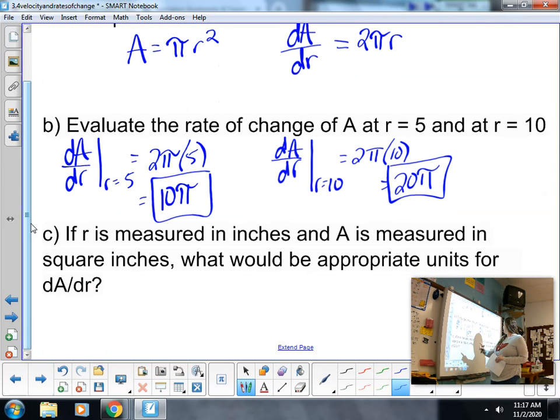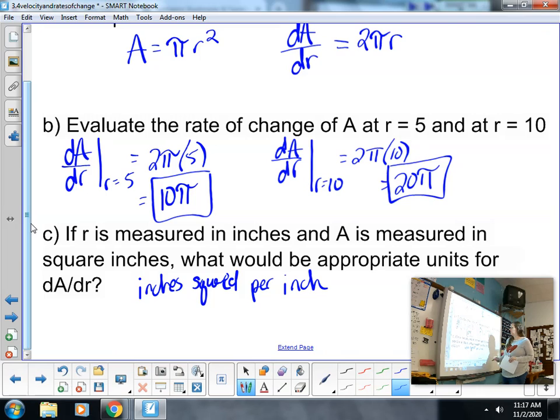And then finally, if r is measured in inches and A is measured in square inches, what would be appropriate units for dA/dr? So A would be your inches squared. R is in inches, so this would be inches squared per inch.